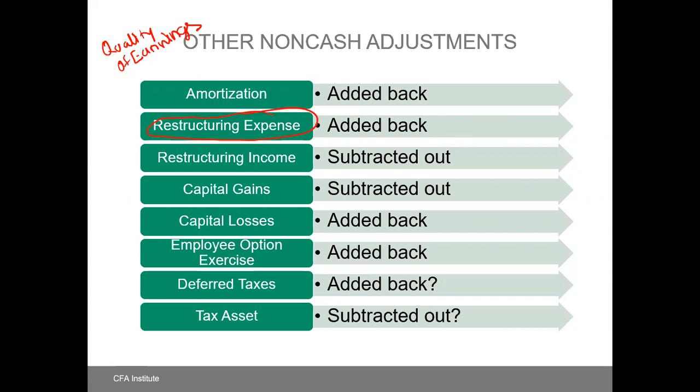Similarly, I mentioned another item, say deferred taxes. Deferred taxes come from the situation where, for example, we calculate the income tax expenses, and we see another tax item in the cash flow from operations, taxes paid.